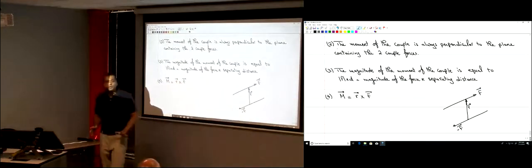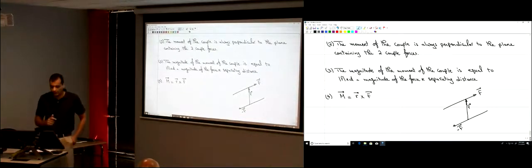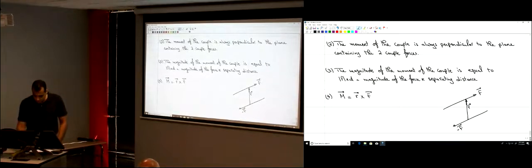But I really don't care which F you use, because with the F that you use comes a different R. For example, if you take moment about this point, you're going to use this R and this F. Or I can take moment here, so I'm going to use this R, which is negative R, times the negative F. So I really don't care which F and which R you use, as long as you use the correct set of R and F.